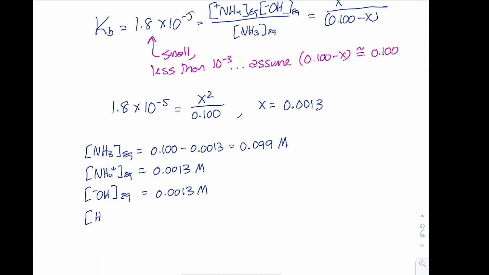So if I want my concentration of hydronium ions, I know that hydronium ions multiplied by hydroxide ions anytime I have an aqueous solution is always going to be equal to Kw, which is 1.0 times 10 to the negative 14th. So if I divide 0.0013 into Kw, we will get hydronium ion concentration.